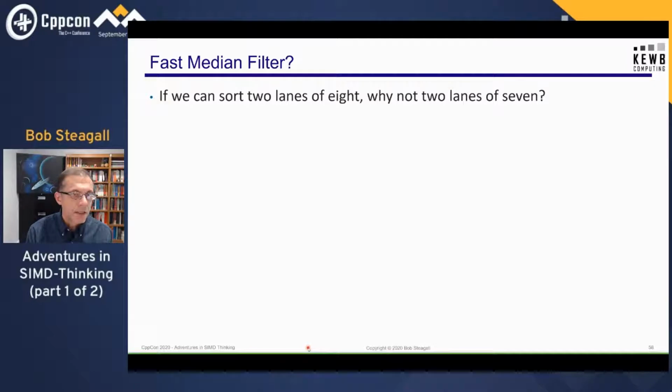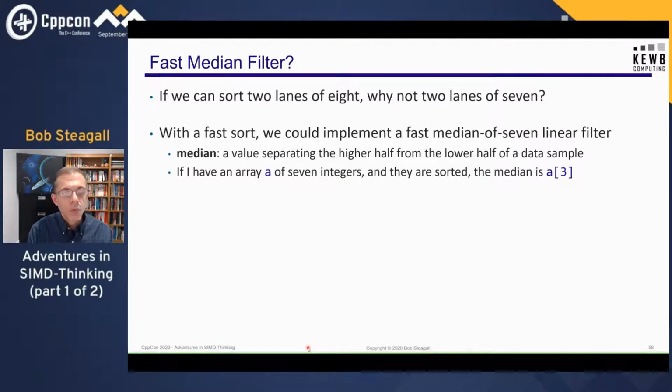So for each point in the signal, I would compute the median of that point and 3 points previous and 3 points after, and see if I could remove noise. Well, with a fast sort, we could implement a median of 7 linear filter pretty easily.